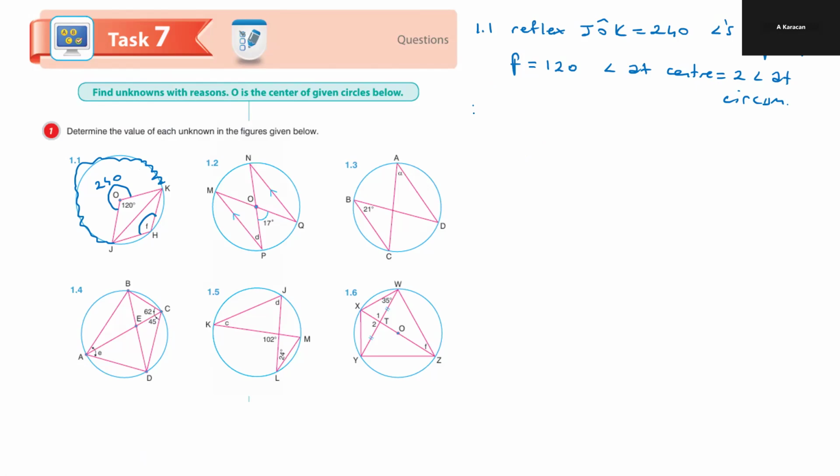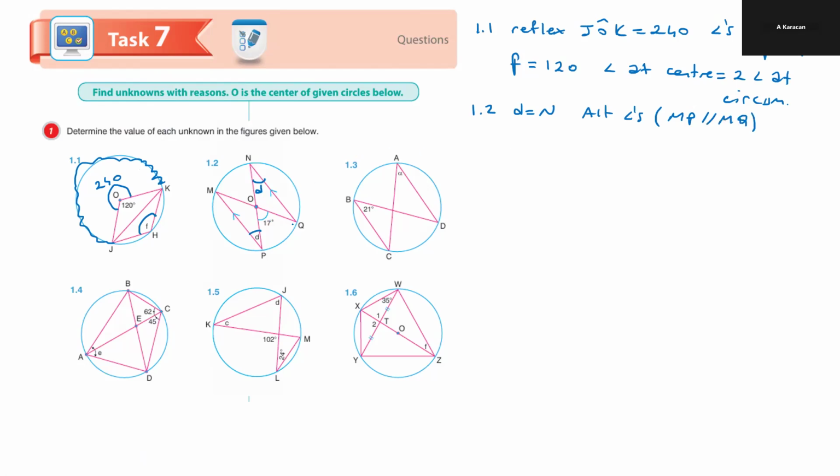Okay, 1.2. D is equal to N because of parallel lines. So you can start with that. D is equal to N, which will be here, this. Why? Alternate angles, because MP is parallel to MQ.